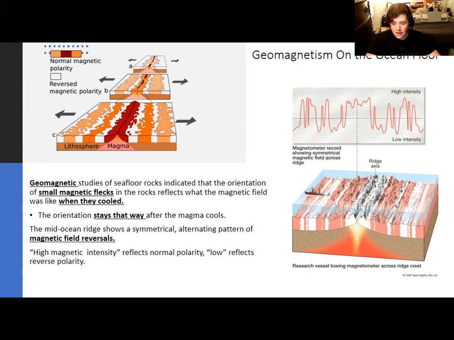The interesting thing about this is that you end up with a record of rocks that show these shifts in Earth's polarity between normal polarity and reverse polarity symmetrically on either side of the mid-ocean ridges.